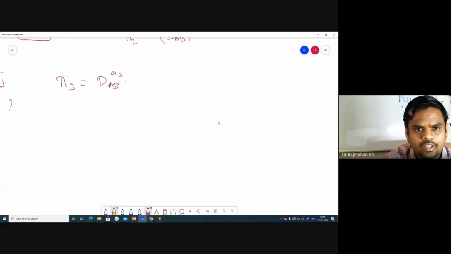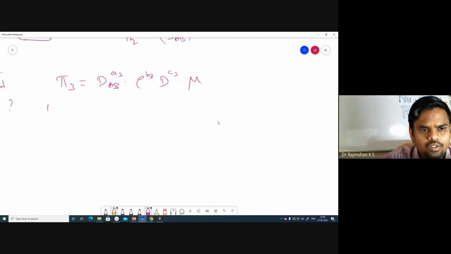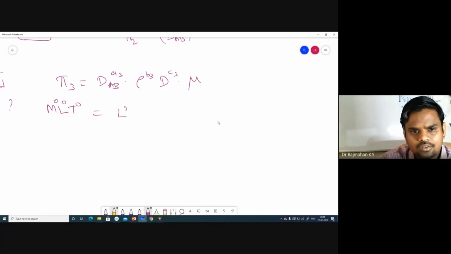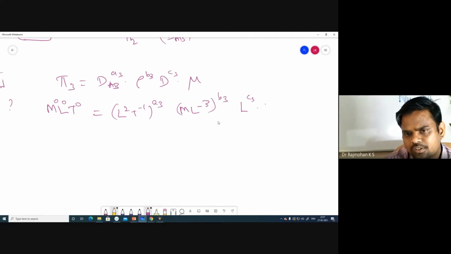Pi 3 equals D_AB power a3, rho power b3, d power c3, and the non-repeating variable. What is left out now? Mu, viscosity. Power 1 into mu. So if you write the dimensions, M power 0, L power 0, T power 0. For this you just repeat what you have written already. L squared T power minus 1, power a3, M L power minus 3, power b3, diameter is L power c3, viscosity is kg per meter second, where kg is mass, so M L inverse T inverse power 1.